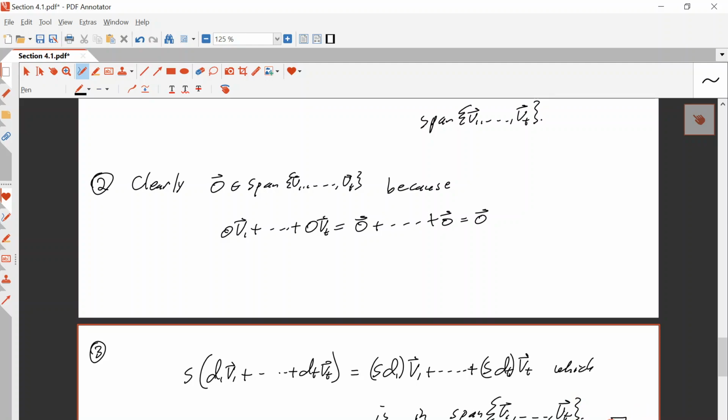So there you go. That's always a subspace of your vector space.